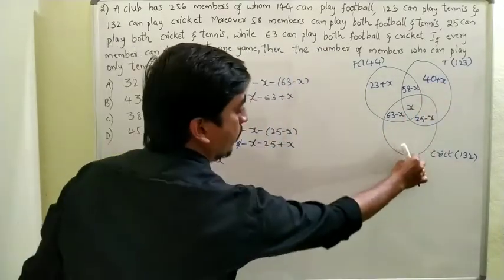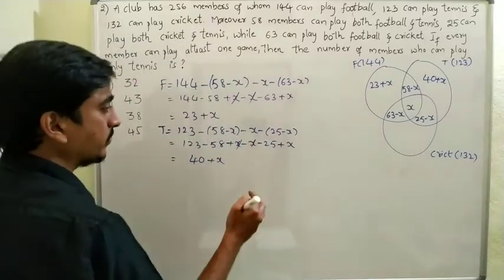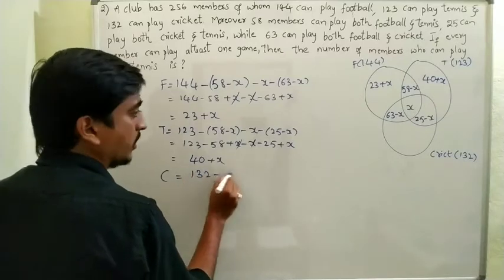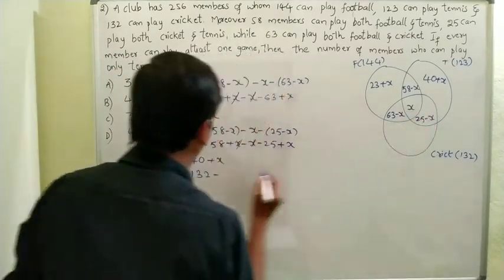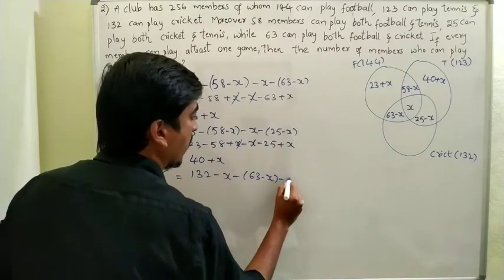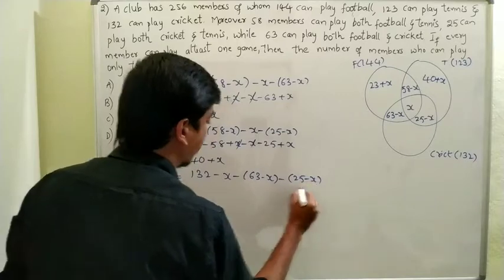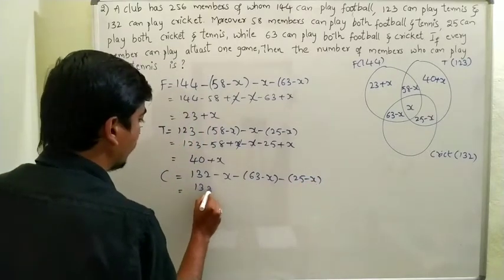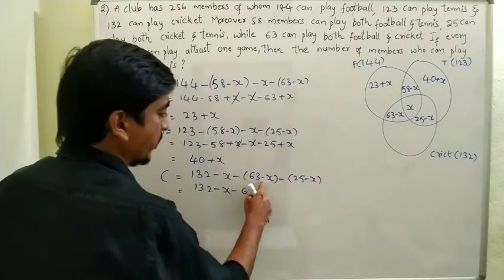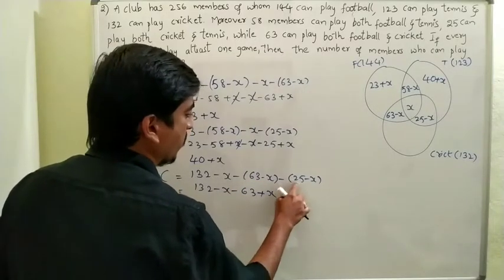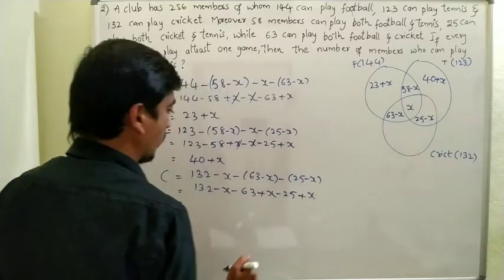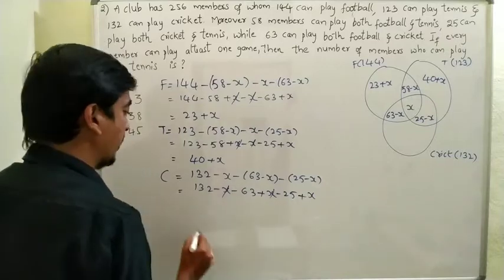And finally find the number of players who are playing only cricket. For cricket, total members 132. 132 minus, remove these three terms: minus 63 minus X, and minus 25 minus X. Here also minus X plus X get cancelled.